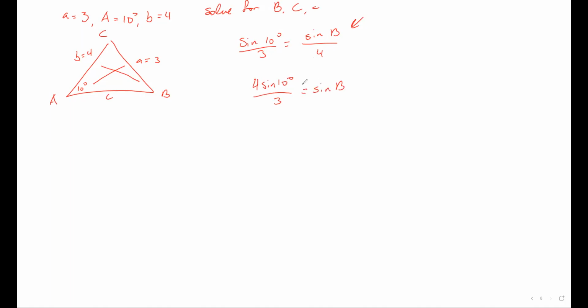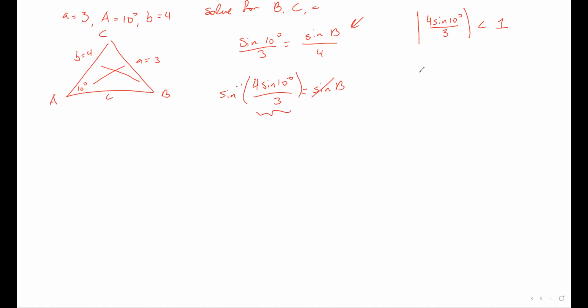And now we do the inverse just as before, right? So we get rid of the sine, put a sine inverse. Okay, all right, so let's go through our checklist. We first need to verify that this is less than 1, or its absolute value, for 4 sine of 10 degrees over 3. And that's to make sure it is a valid input for our function.